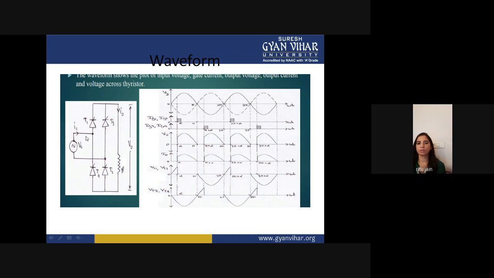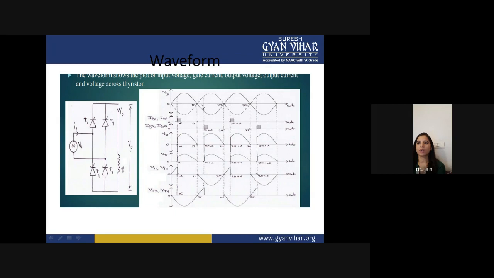You get the output voltage from alpha to π. Now we come to the next point. At π the output voltage is getting negative.